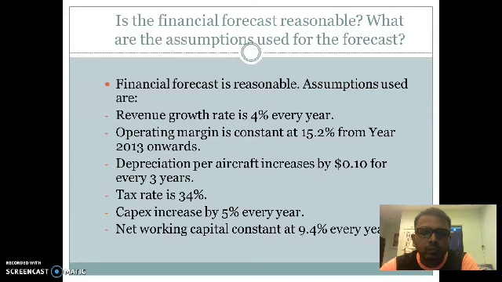Their revenue growth is quite reasonable and constant throughout the years. That's why we find that the financial forecast is quite reasonable.